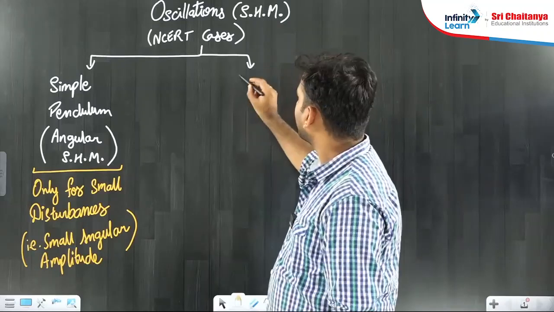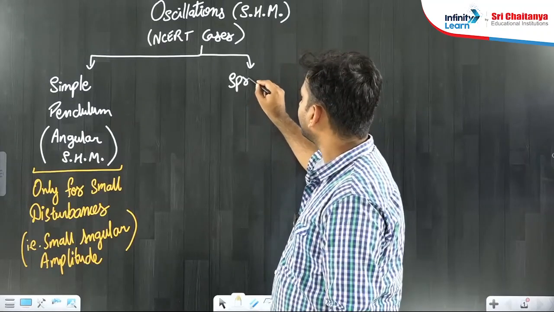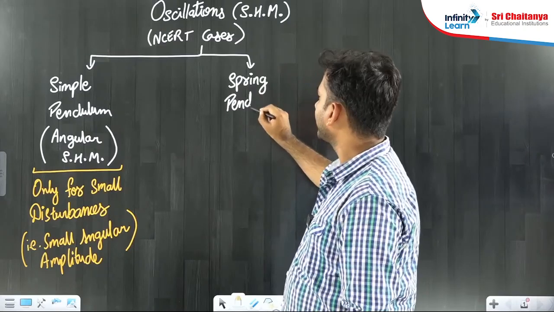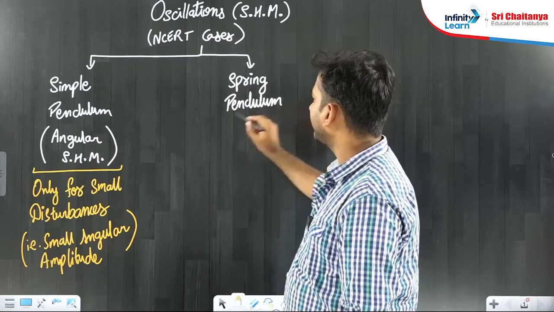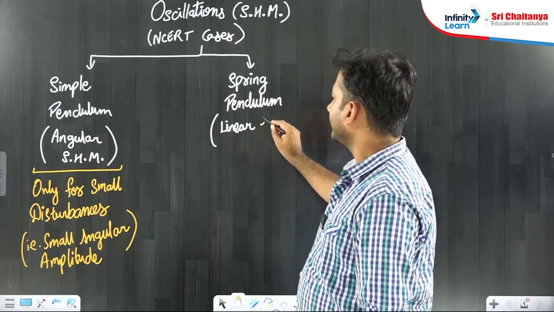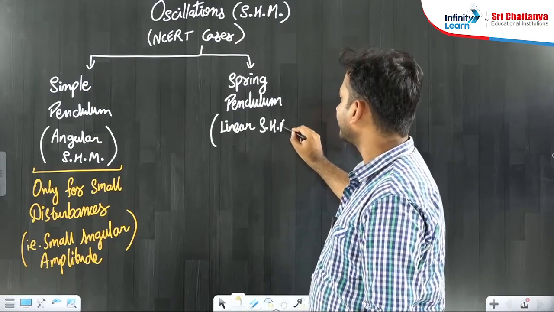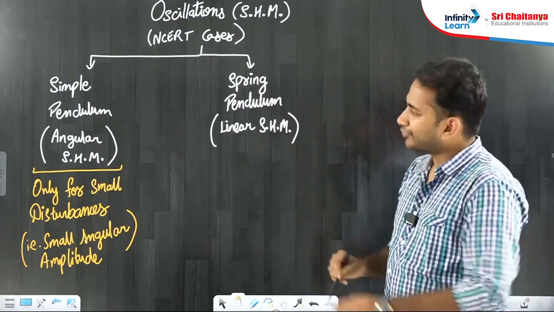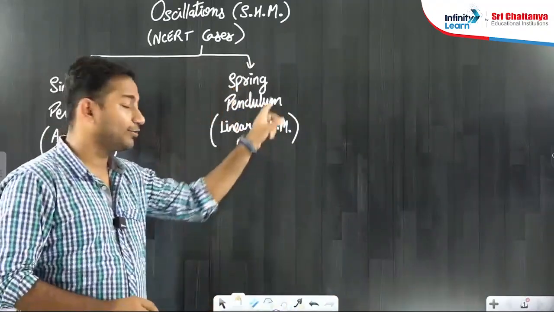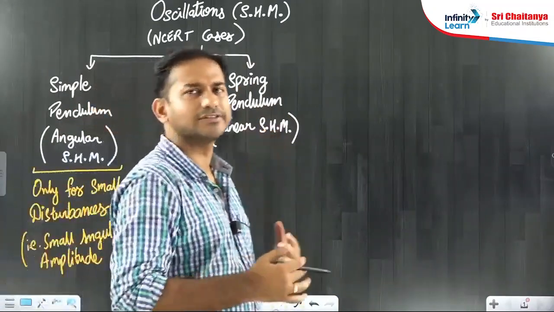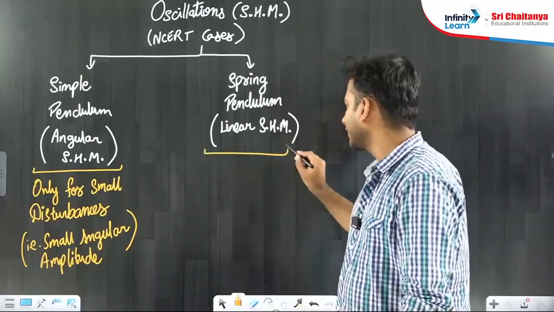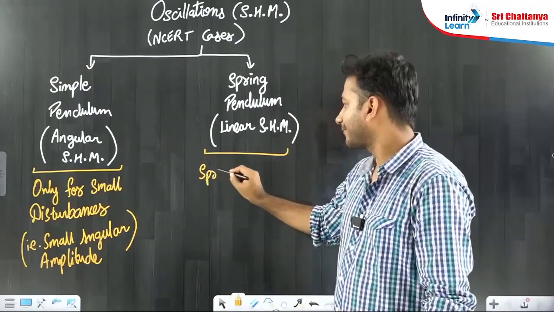Another one is spring pendulum. And the spring pendulum is the case of linear SHM, linear simple harmonic motion. So today we are going to focus on simple pendulum. Our next interaction tomorrow we are going to focus on spring pendulum, all the spring mass systems. Basically here we are going to talk about the spring mass system.